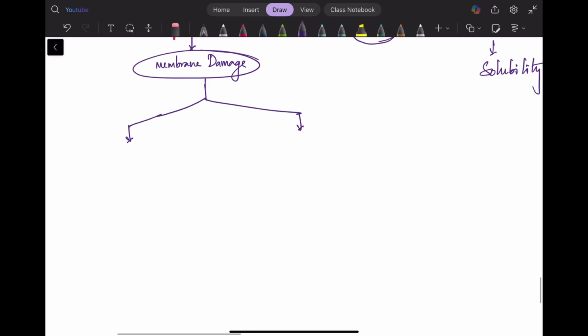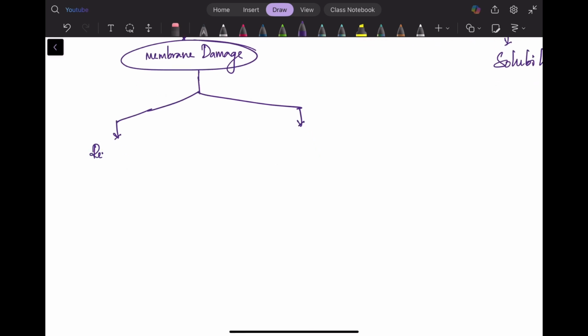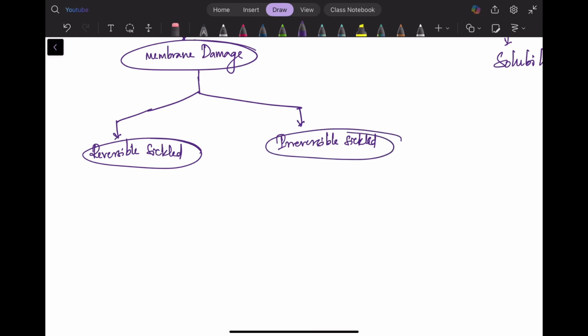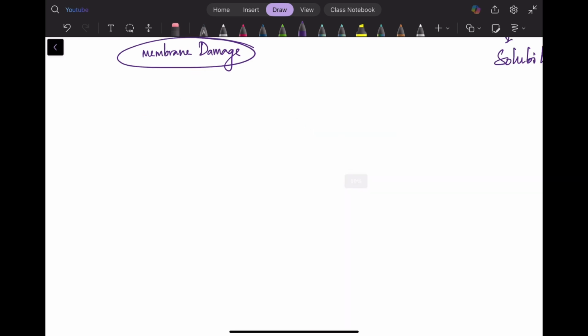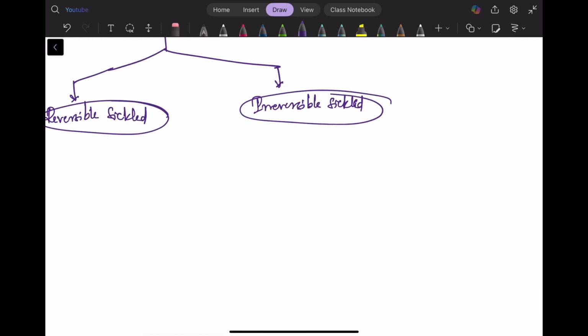We have reversible sickling, then irreversible sickling. We got two pathways here. Then what happens? Let's see irreversible.